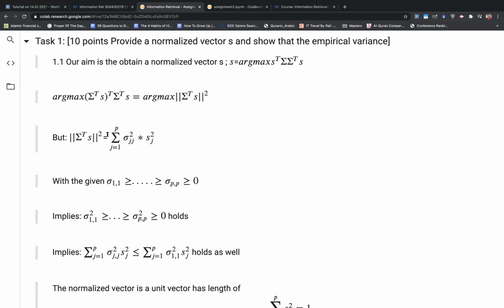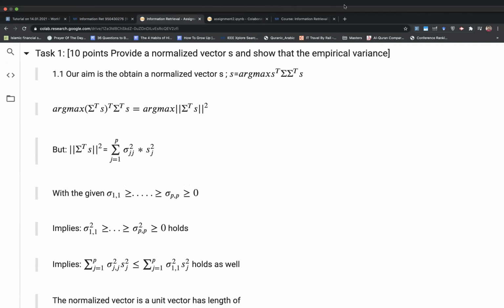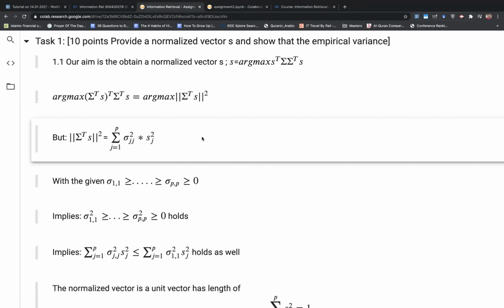Sigma transpose S is nothing else but the diagonal entries sigmas multiplied by the respective values S. As you know, Sigma is a diagonal matrix, so we can simply reduce this into the sum of the squared values of sigmas with the S_j's. If there's any problem, please feel free to write something in chat. Great.